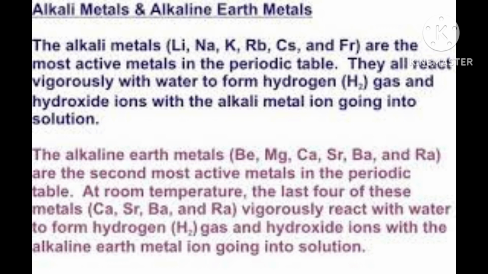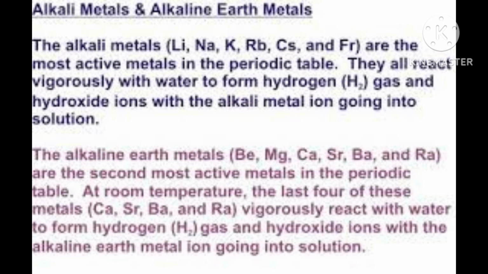Magnesium has atomic number 12, and its electronic configuration is 1s square, 2s square, 2p6, 3s square. Means in the last orbit 2 electrons are there. In beryllium you have seen 2s square, and in magnesium 3s square.